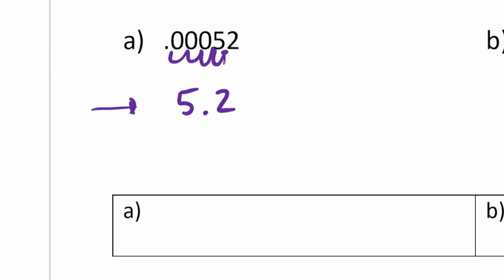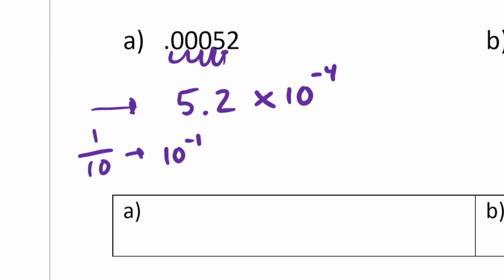So I have to divide by 4 tens. Dividing by 10 is the same as multiplying by 10 to the negative 1. So I have to multiply by 10 to the negative 4th power, because that's me dividing by 10 4 times. So in this box we should write 5.2 times 10 to the negative 4th power.